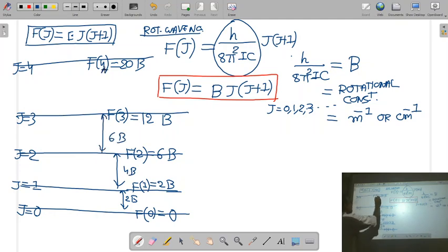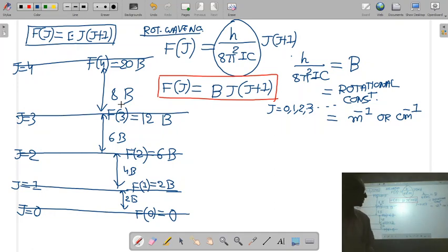And for level 3 and 4, the spacing is 8B. So what is your conclusion? That as the rotational quantum number increases, the spacing between consecutive rotational levels also increases.